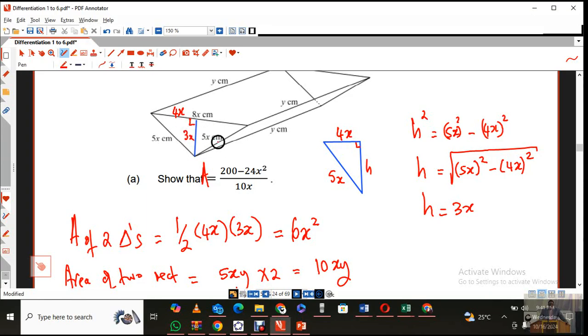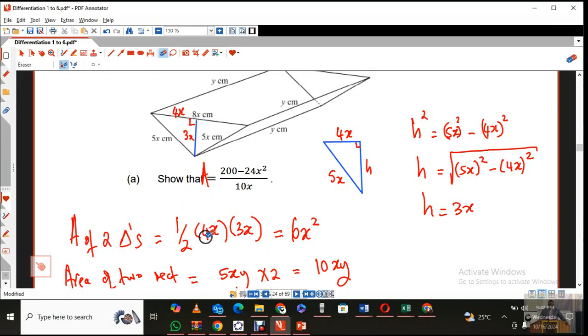I'm looking for the whole triangle here, so my base can't be 4. My base has to be 8. So 8x times 3, that gives you 24x.